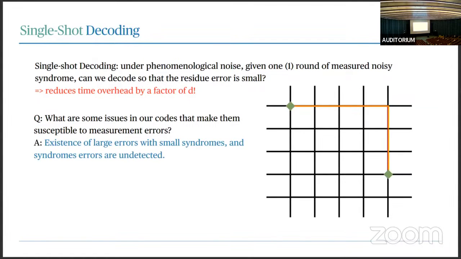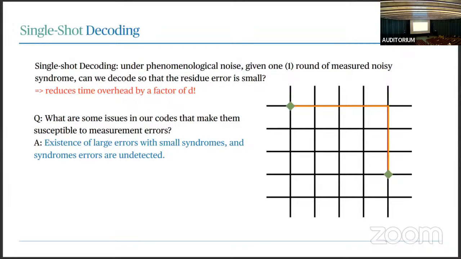There are really 2 issues here that are stopping this toric code from being single shot, or just in general requiring fewer measurements. And the two issues are, there exist these very large errors. So think of this orange line as 1 error. There exist these very large errors with very small syndrome.